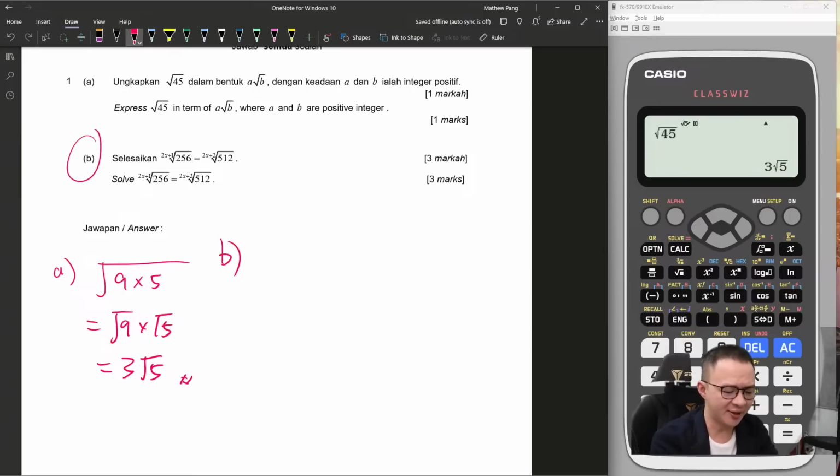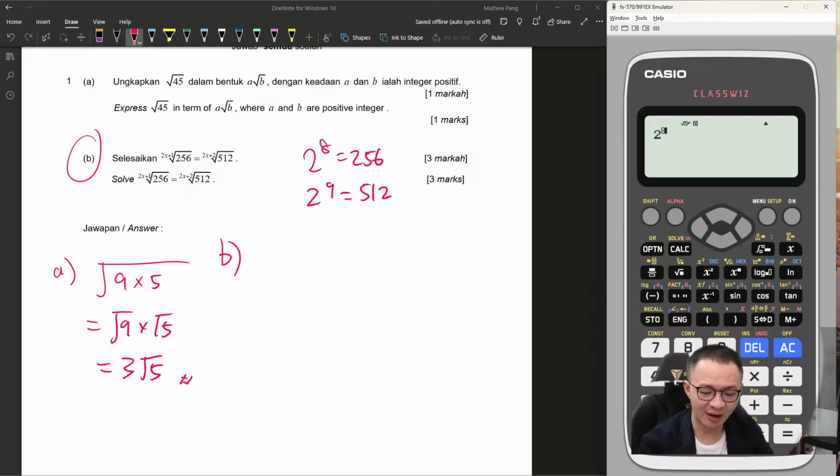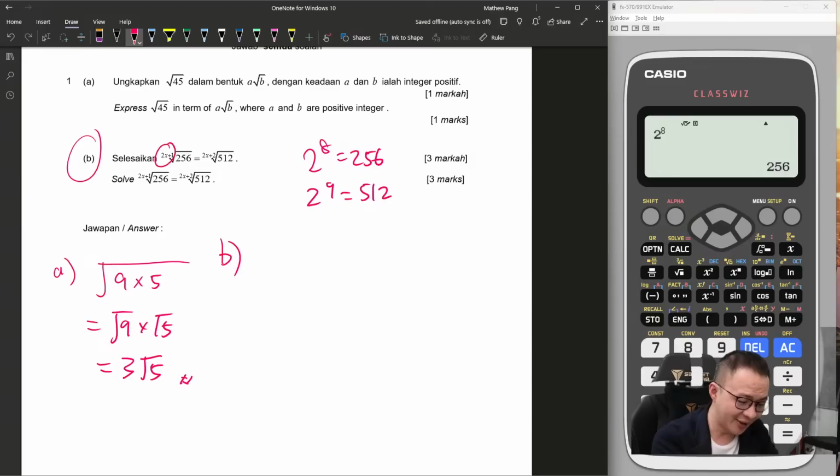Question 1B is indices. Here you need some basic understanding about powers of 2. I know 2 to the power of 8 gives 256, and 2 to the power of 9 gives 512. If you're not sure, you can use the calculator and keep trying until you get 256. By understanding this, you should see this is the root value.